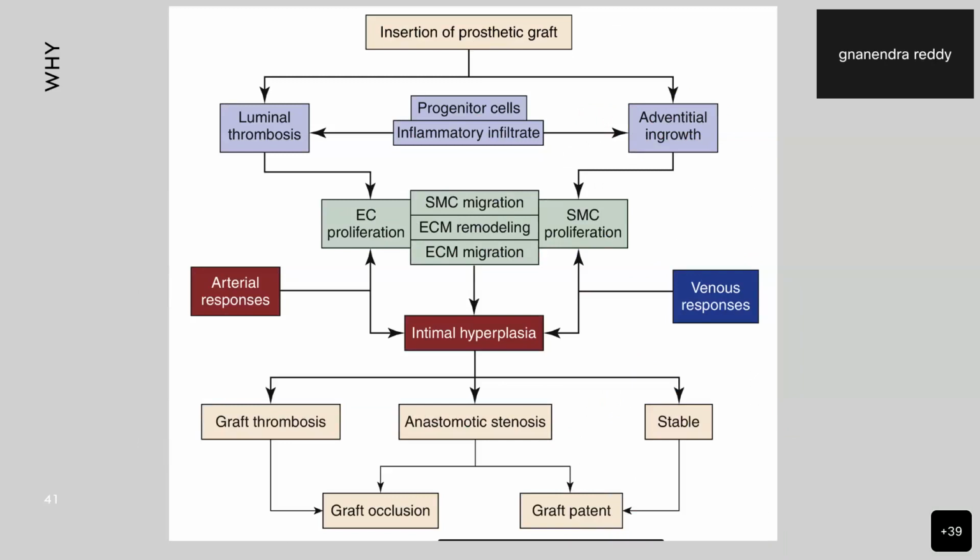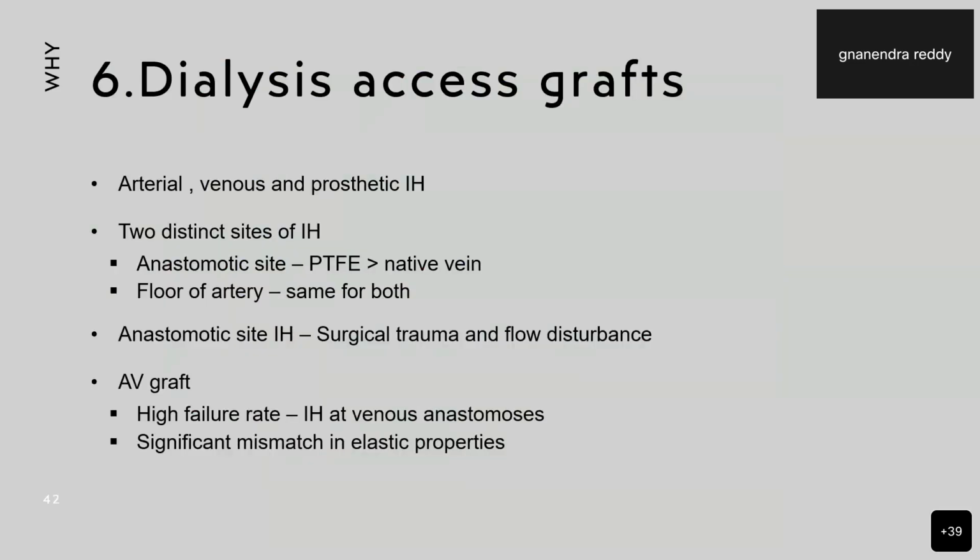In the long run, if the intimal hyperplasia is stable and there is no further progression, the graft remains patent even on further follow-up. But if the intimal hyperplasia is progressive, then the patient again can have significant stenosis or graft occlusion, which we might need to intervene.